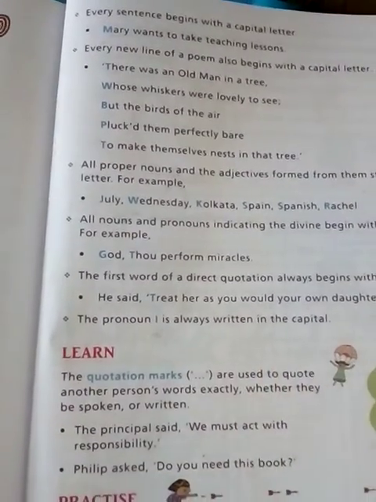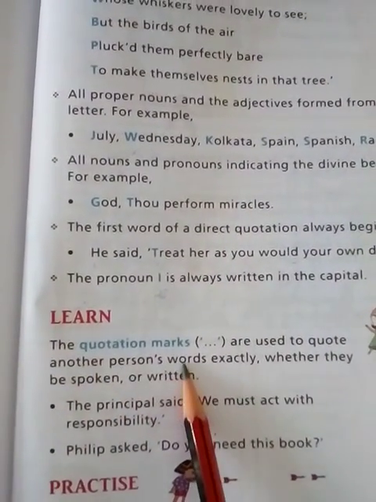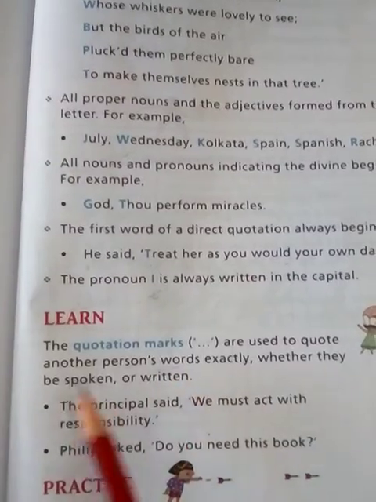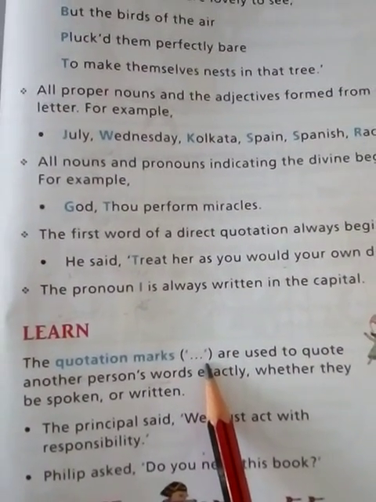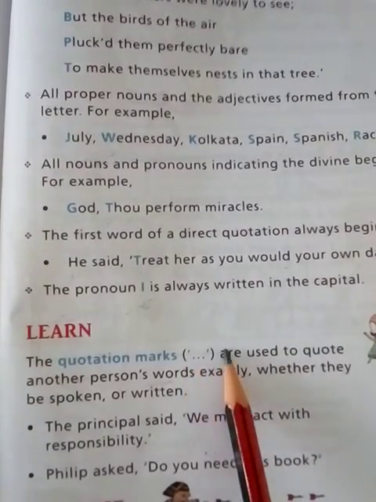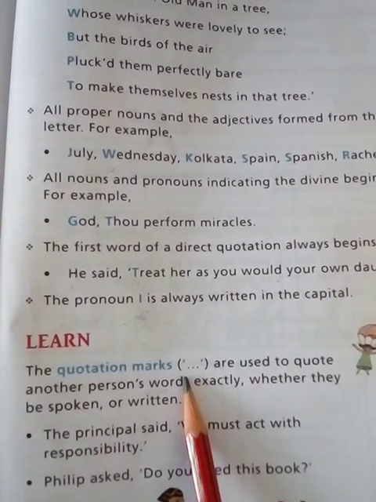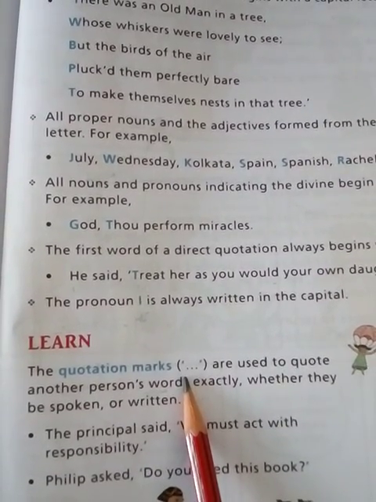Now the last punctuation is the quotation mark. This is the symbol of a quotation mark. It comes in pairs, on two sides, and quotation marks can be a single or a double inverted comma.